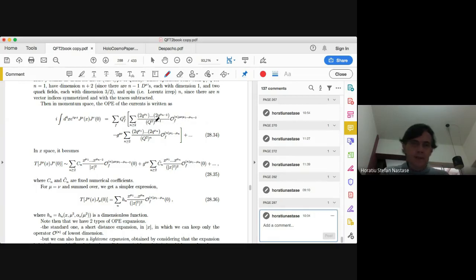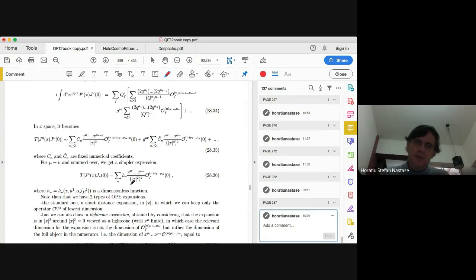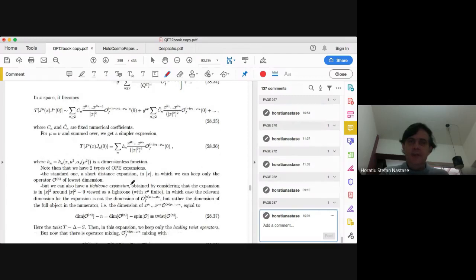So I think the power in here must be wrong. Anyway, the power in x space is certainly correct. And the numbers Cn in here and Cn tilde in here are just that, numbers. They don't depend on anything.